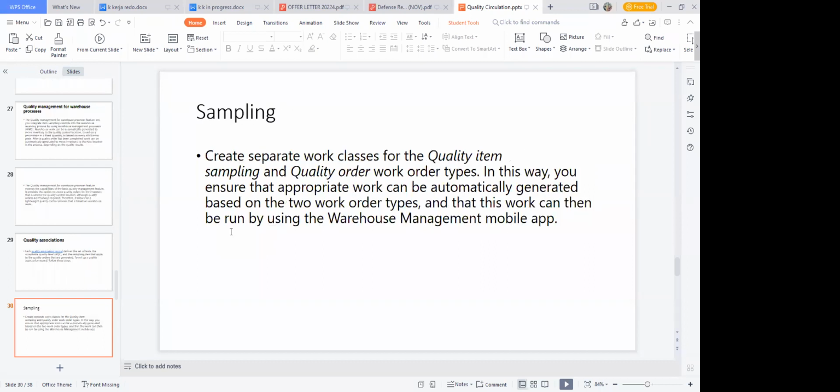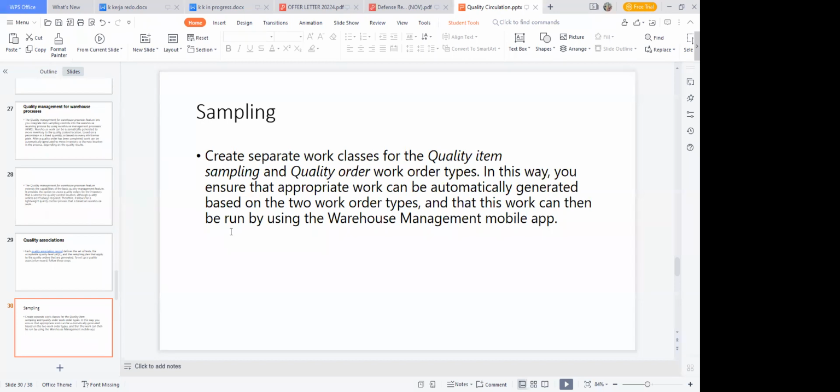Next. All right. Sampling. Why we have to do sampling? Because you want to make a routine inspection about the status or the quality of the product in the warehouse. Okay. But like I said just now, the sampling, AQL, is not familiar in small company.